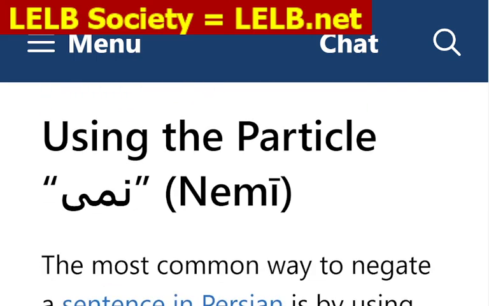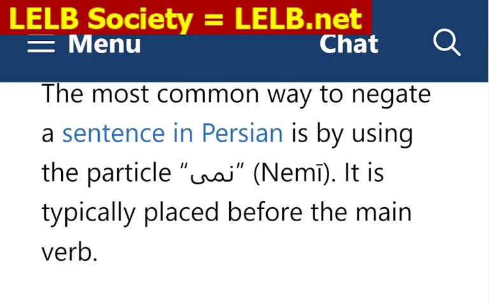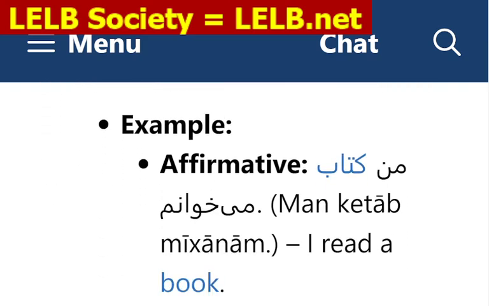Using the particle nemī is the most common way to negate a sentence in Persian. It is typically placed before the main verb.